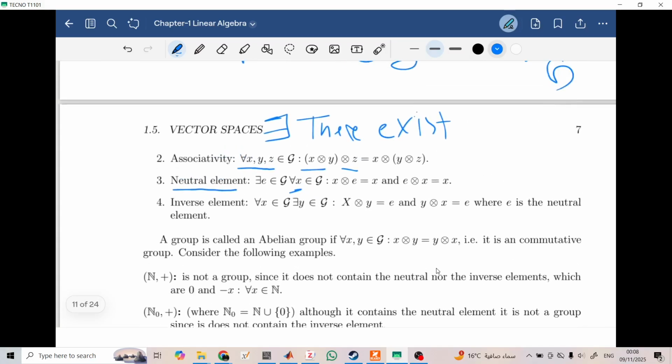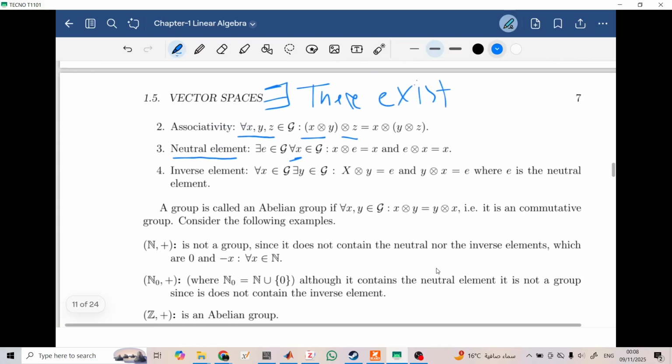Okay, so what's the fourth condition, which is having the inverse element. So what is the inverse element?